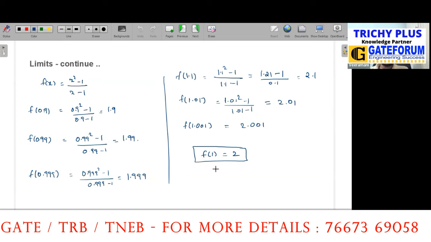But we know that it is approaching 2, right? Take the word approaching 2, correct? It is not exactly equal to 2, it is approaching 2. So at this point we are using a concept of limit. So I cannot write f of 1 is equal to 2, but I can write when the limit extends to 1, my f of x is giving a value of 2.